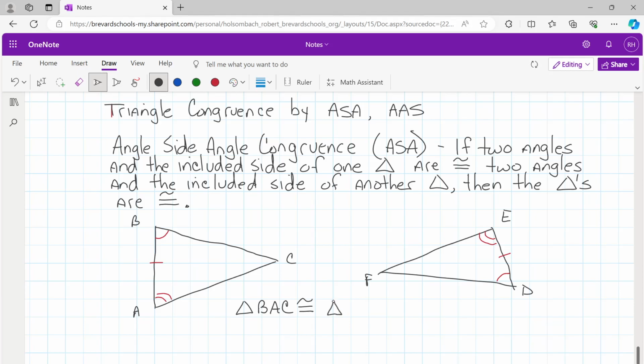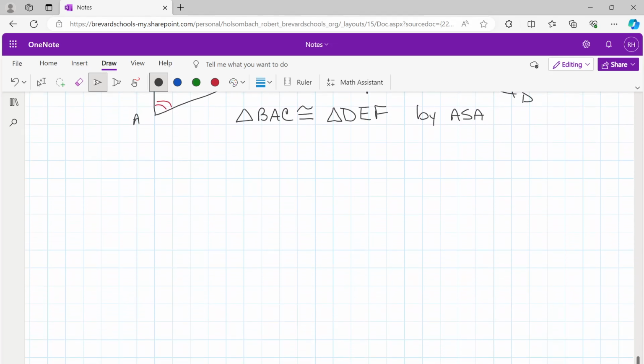Very good, triangle D. All right, and if A was our second vertex, then what's our second vertex in this description? E. All right, DEF. Triangle BAC is congruent to triangle DEF by angle side angle. So that's an example of two triangles being congruent by angle, side, angle.